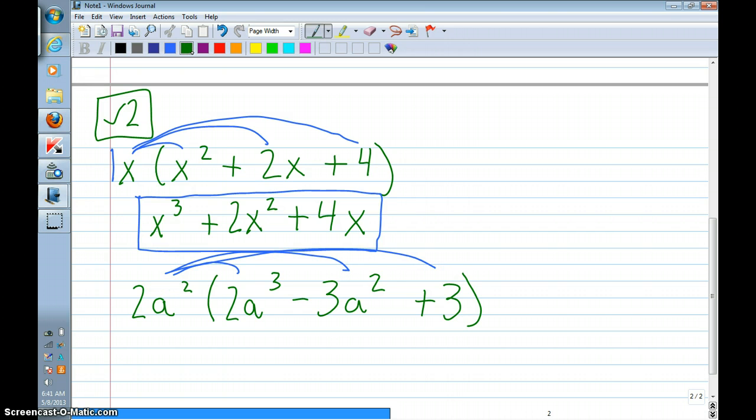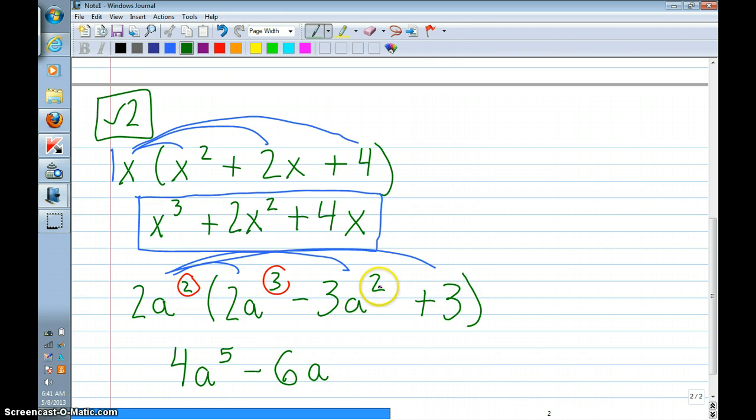Okay. Multiply the numbers, so 2 times 2 is 4. And notice you're just adding the powers, so it becomes a to the 5th. Then multiply the numbers: 2 times 3 is 6.